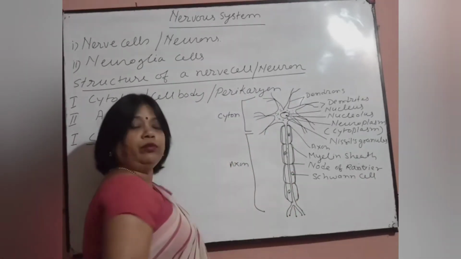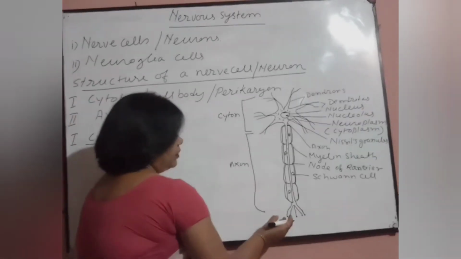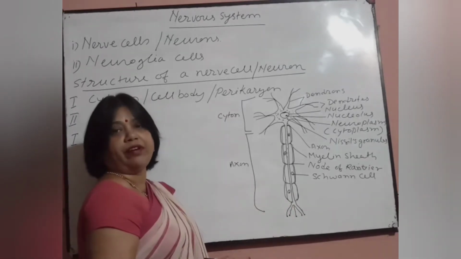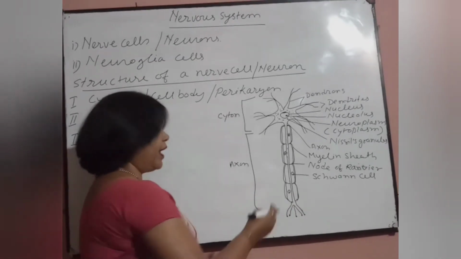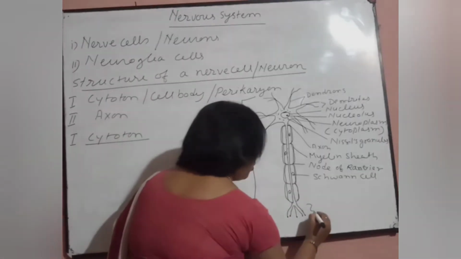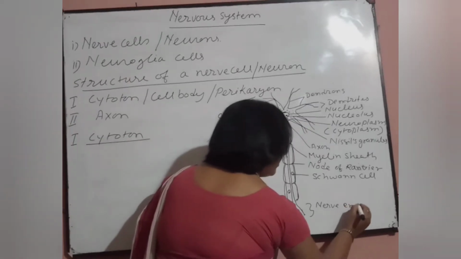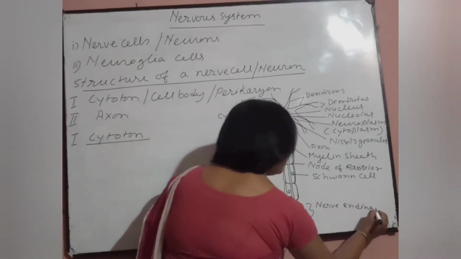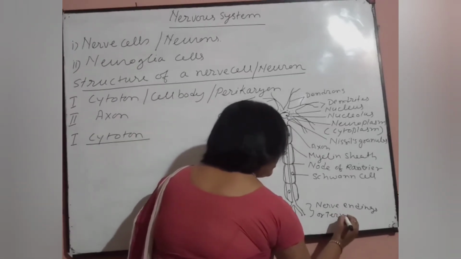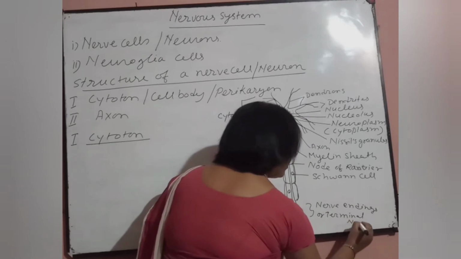The axon at the end is divided into fibers, and these are known as nerve endings or terminal nerves.